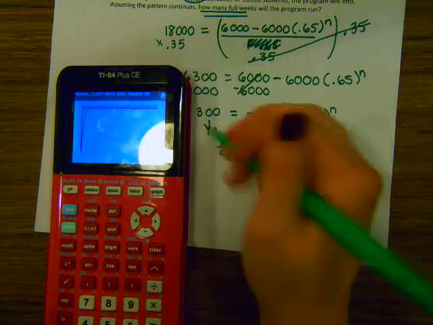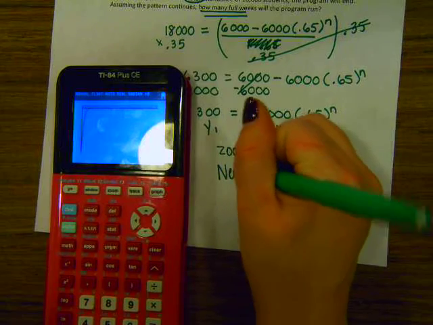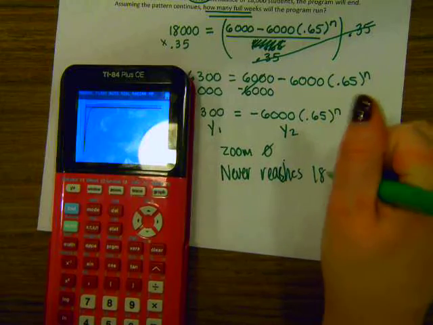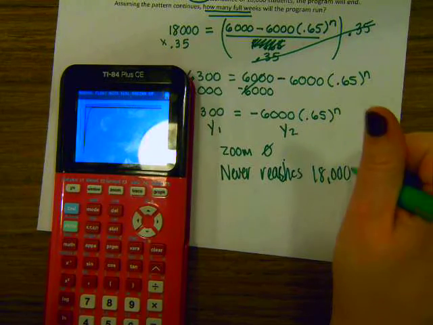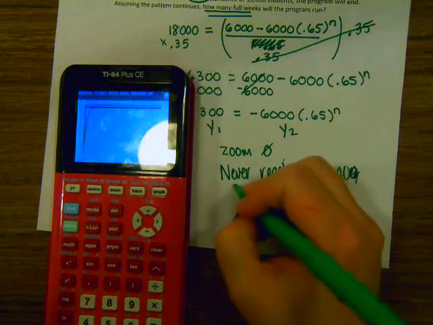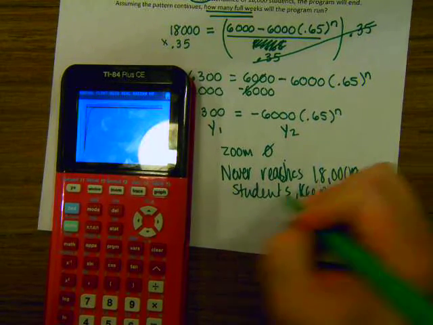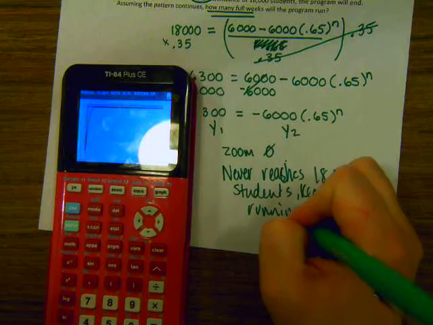So that would be our answer: never reaches 18,000 students. So they're going to keep it running, which is rare, but maybe my numbers were just bad for the problem.